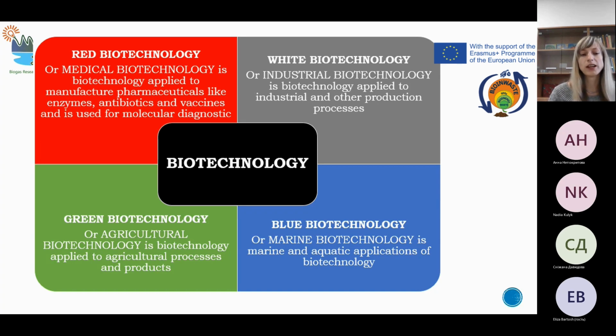Green biotechnology is agricultural biotechnology, with agricultural applications that provide a lot of products. White biotechnology is mainly industrial biotechnology, with different applications in industry. And blue biotechnology is marine biotechnology, involved in aquatic applications.